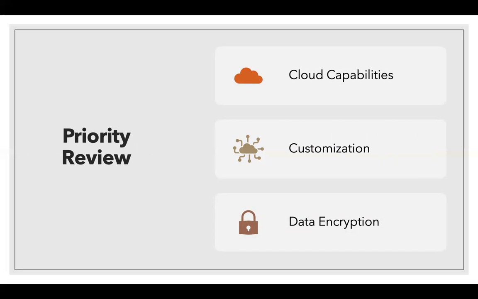So in terms of priority review, there's a couple of things that we're looking to accomplish in the next iteration of this product. The first thing is cloud capabilities. We want to make sharing data easier, and not only sharing data, but also retaining the medical records.